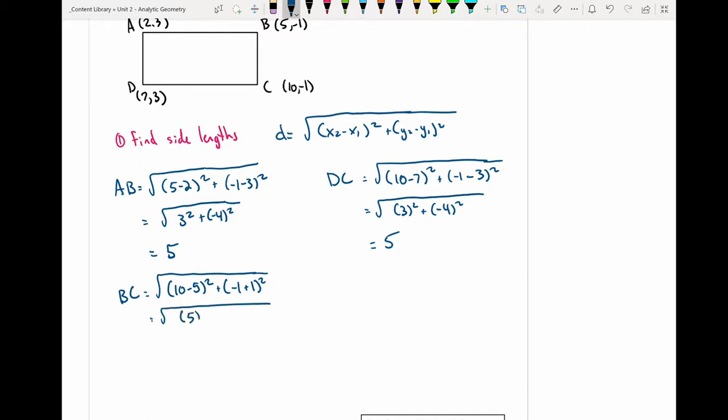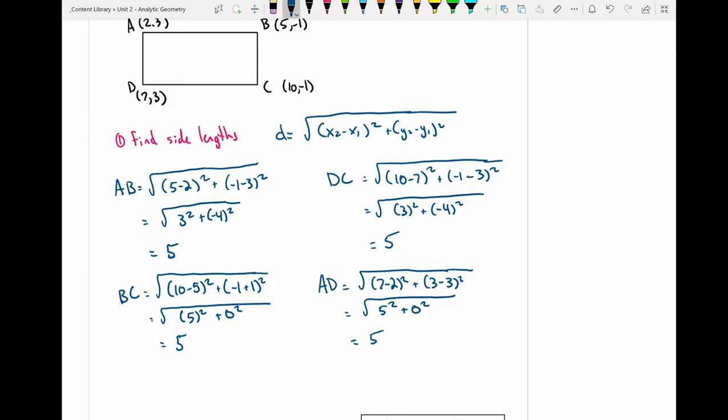So I have 5 squared plus 0 squared, which works out to 5. So I see that 3 sides are the same. There's a good chance the 4th one is the same, but to verify, I need to actually find out. So for AD, I have (7 minus 2) squared plus (3 minus 3) squared, which equals 5 squared plus 0 squared, which does equal 5.